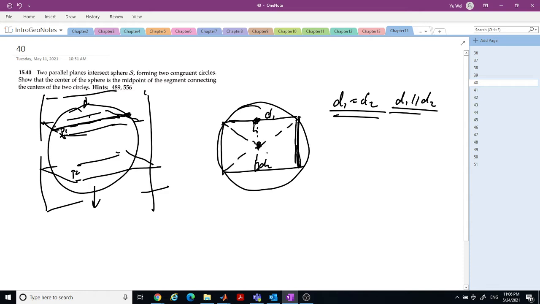Okay, so now let's do this. Even if we don't use the rectangle case, we know this chord is D1, this chord is D2, right? The same chord spans the same arc. Okay, so we see arc1 is equal to arc2, right? Arc1 equals arc2 means the two angles are the same. For example, this is 2 theta, then this is also 2 theta, then this is 2 theta, then this is 2 theta, right?